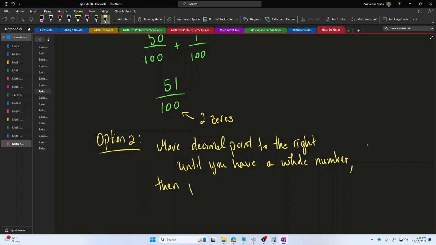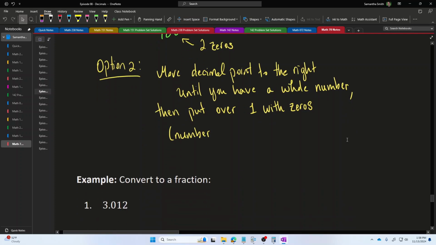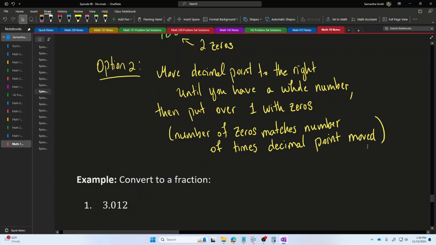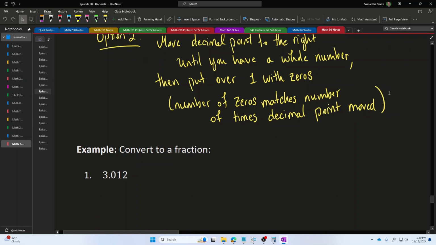Then put that number over 1 with zeros, where the number of zeros matches the number of times your decimal point moved to the right. Let me show you specifically what I mean in a couple of additional examples.